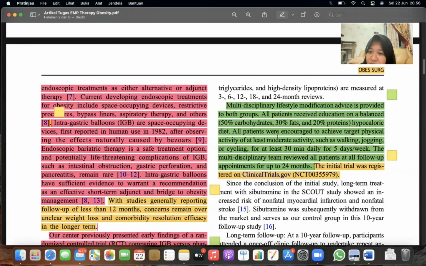All patients were encouraged to achieve target physical activity of at least moderate activity such as walking, jogging, or cycling for at least 30 minutes daily for 5 days a week. The appointments were for up to 24 months.